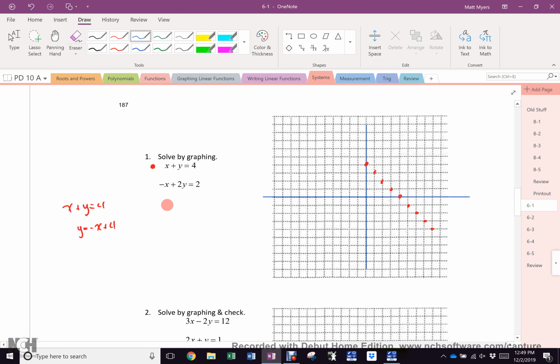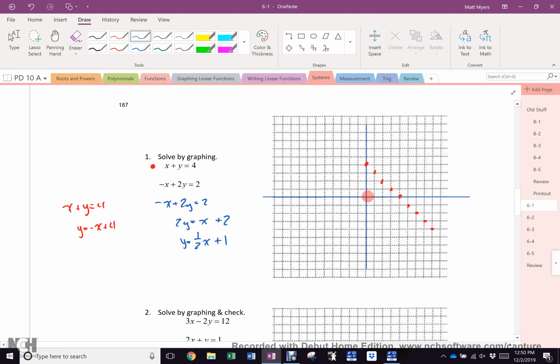Now the blue line. Negative x plus 2y equals 2. 2y equals x plus 2. y equals what? y equals 1/2 x plus 1.